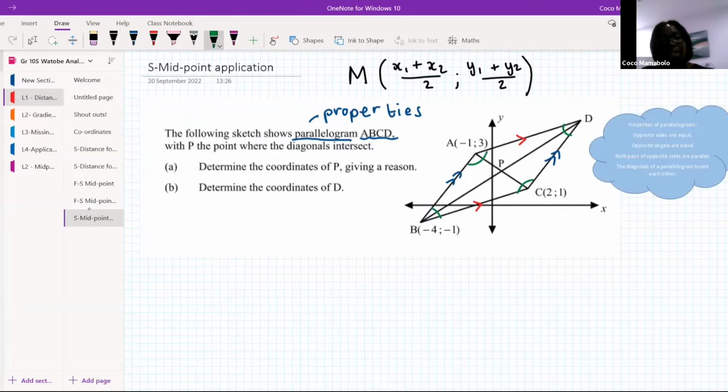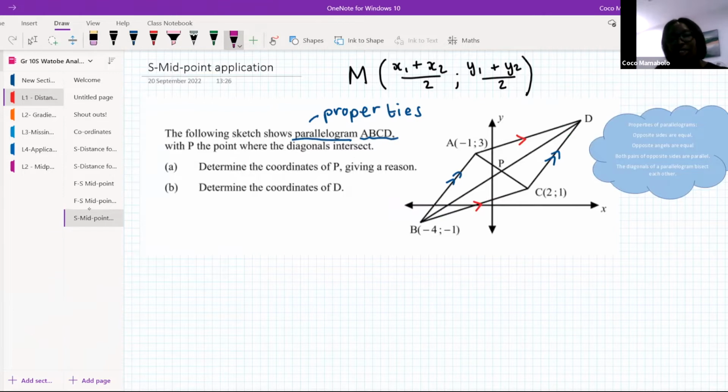Which 2 lines will bisect? I'm thinking everybody's forgotten just that one property. Good, the diagonals, Emmanuel, well done.